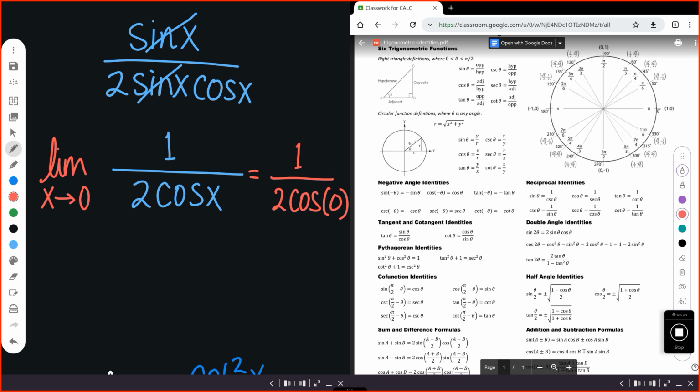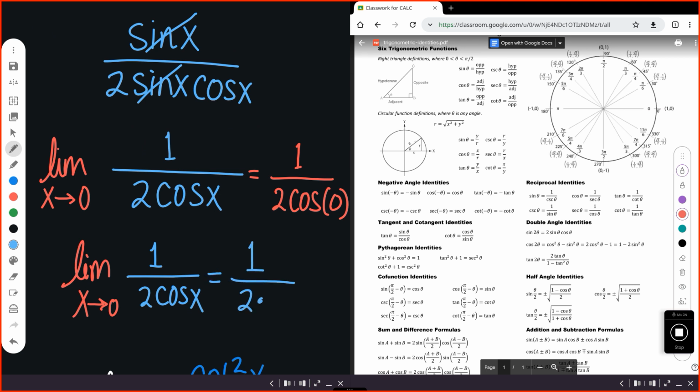So the limit as x approaches 0 of 1 over 2 cosine x is equal to 1 over 2 times 1, which equals 1/2.